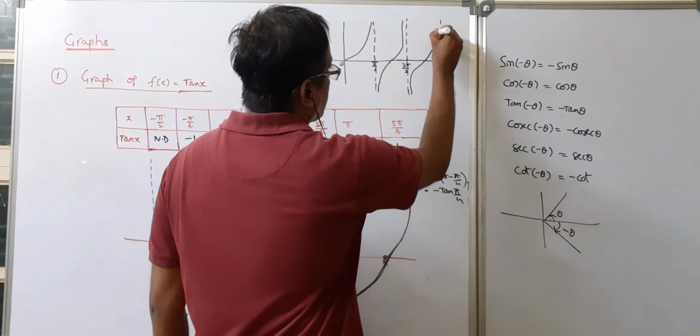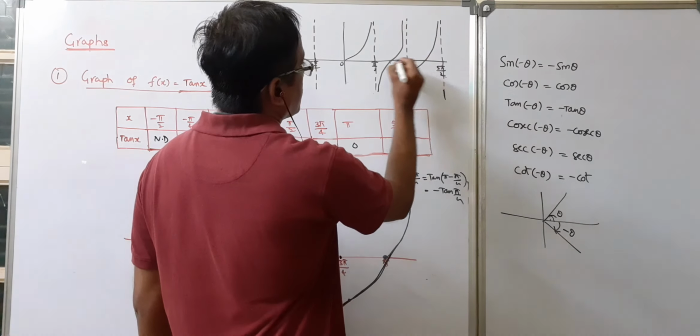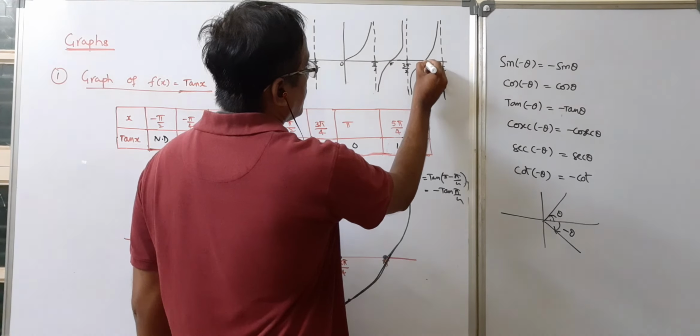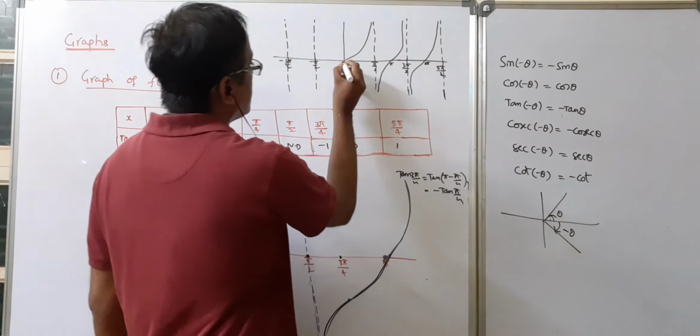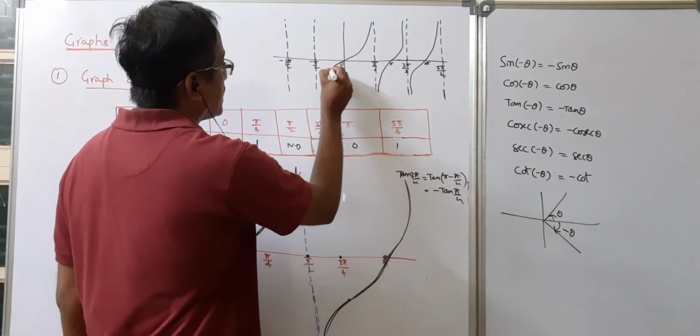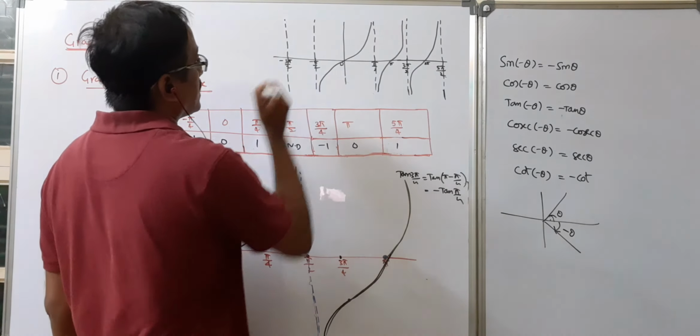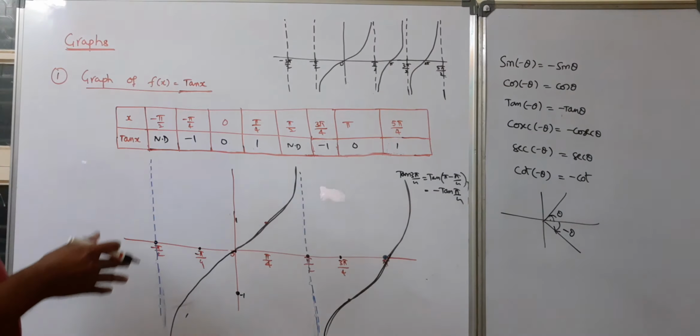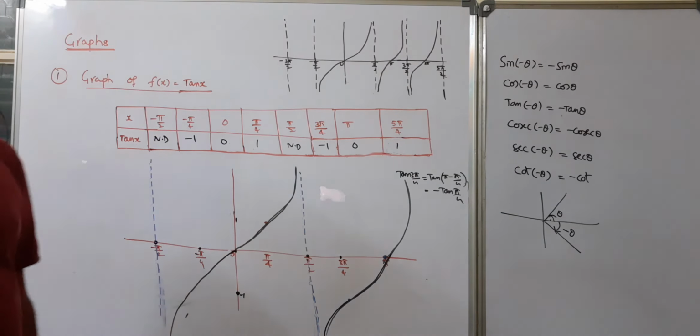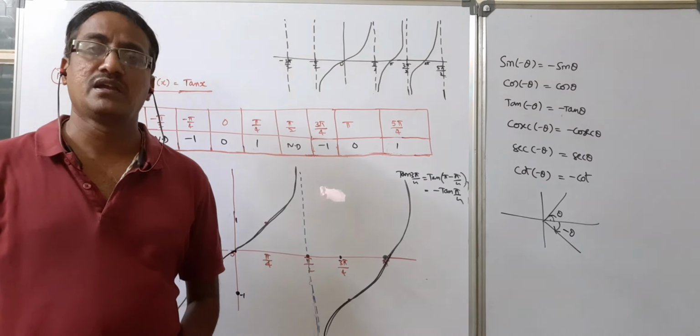Again it goes up like this, so again it is positive. So tan pi is 0, and you will get tan 2 pi. Similarly, in the fourth quadrant it is negative. So the graph looks like this. You can continue the graph up to infinitely many points. Very, very important graph.